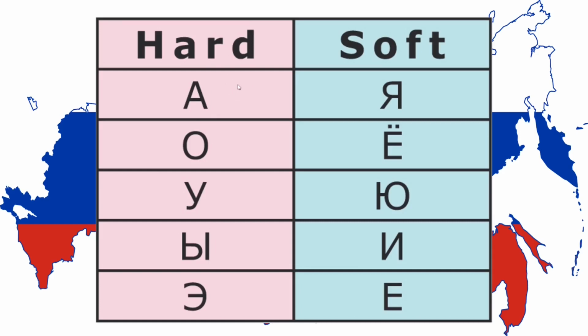So the a is hard, and this letter here, the backwards R, makes the ya sound. So the soft A would be ya, and the hard A would be ah. And then the same for all these letters here.